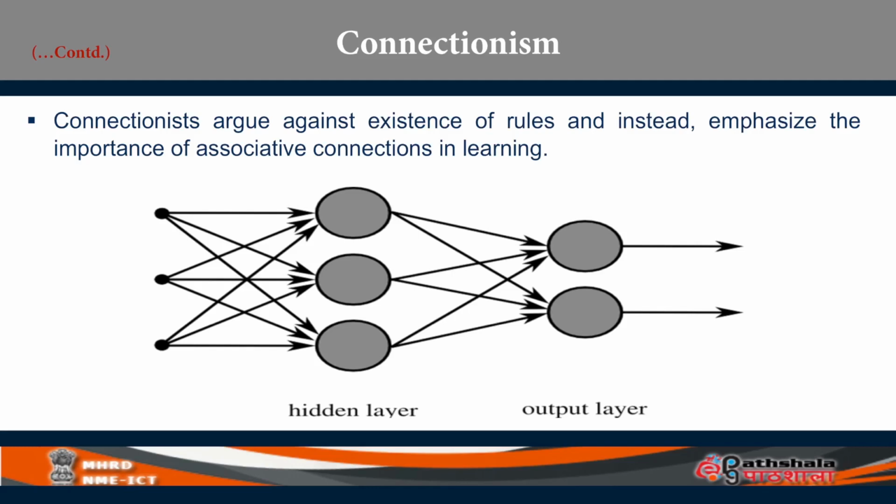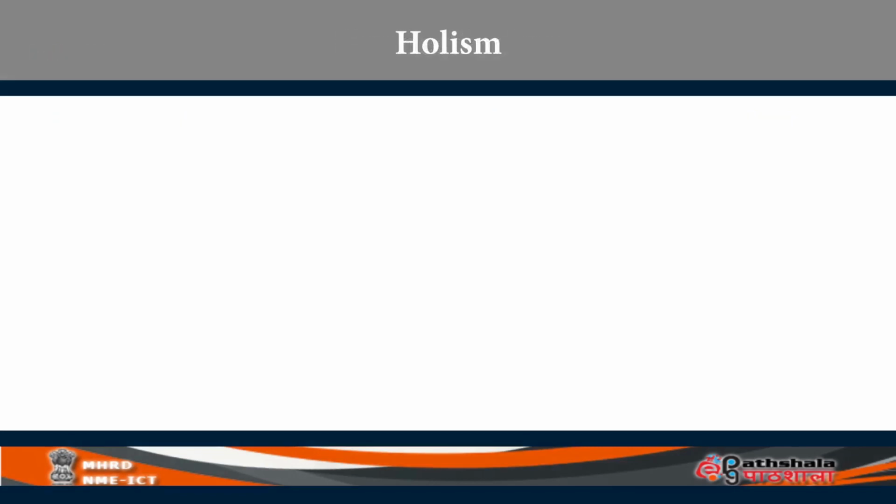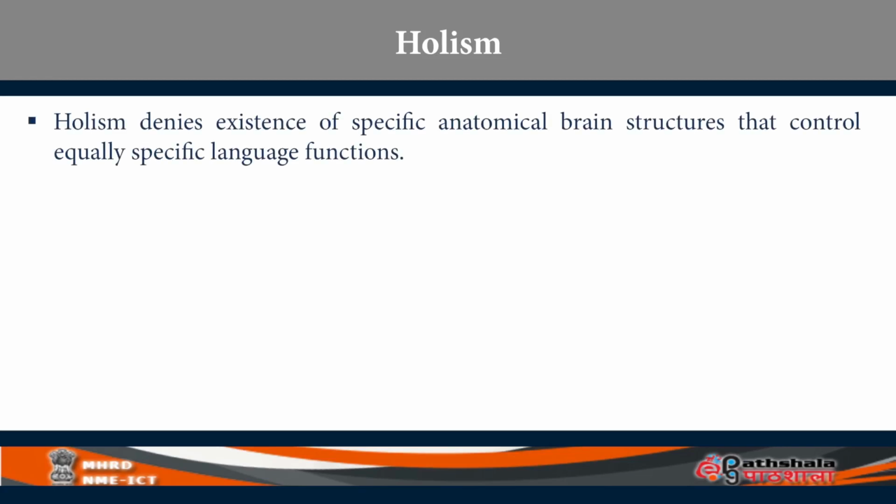So then moving on to the third major approach to the study of neurolinguistics, called holism. Holism denies the existence of specific anatomical brain structures that control equally specific language functions, which is what localism did. Holism also is not happy with associationism or connectionism.